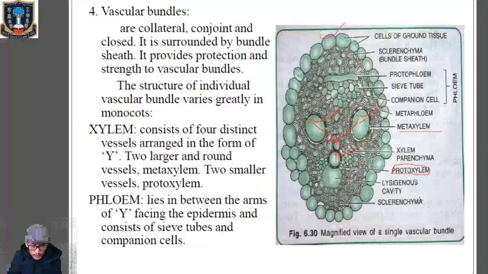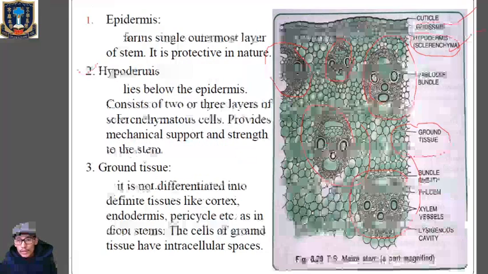Clear? Okay. Next comes the phloem. The phloem lies in between the arms of the Y facing the epidermis and consists of sieve tubes and companion cells. That means which part is the phloem? It says it lies in between the arms of the Y facing the epidermis. This upper part faces the epidermis.